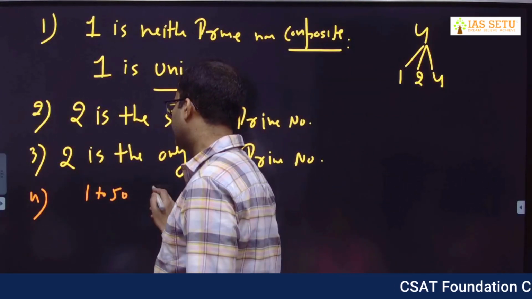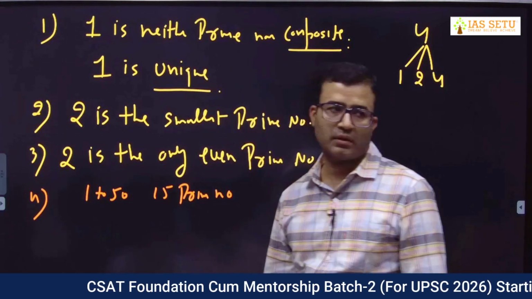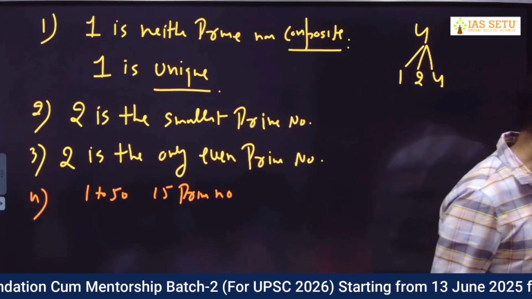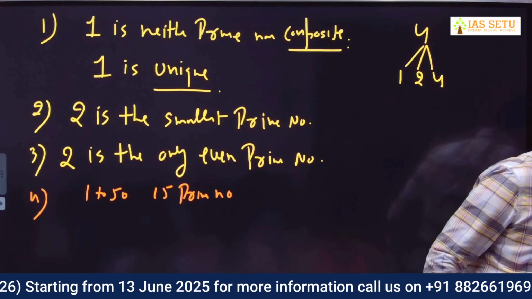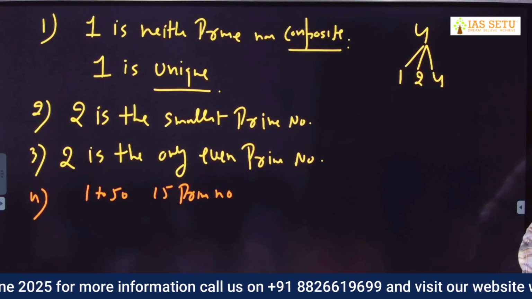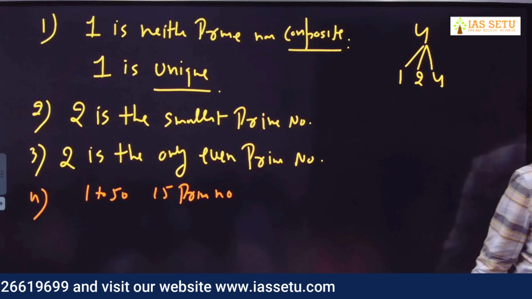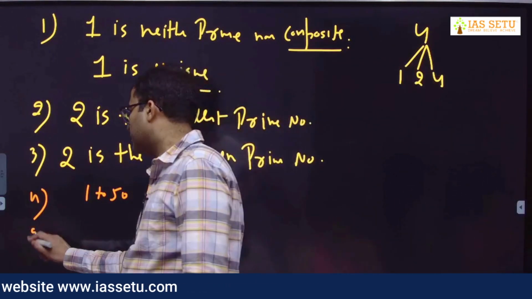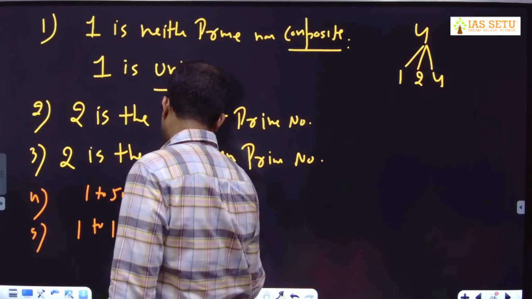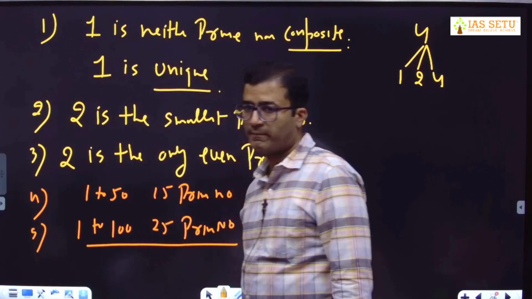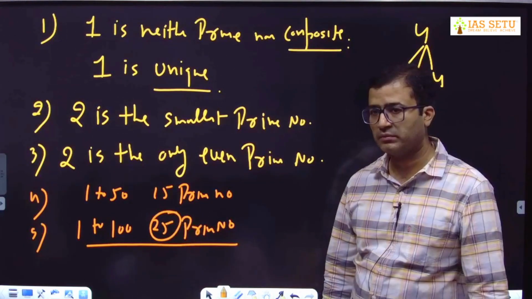From 1 to 50 we have 15 prime numbers. From 1 to 100 we have 25 prime numbers. We will remember all these 25 prime numbers today itself.